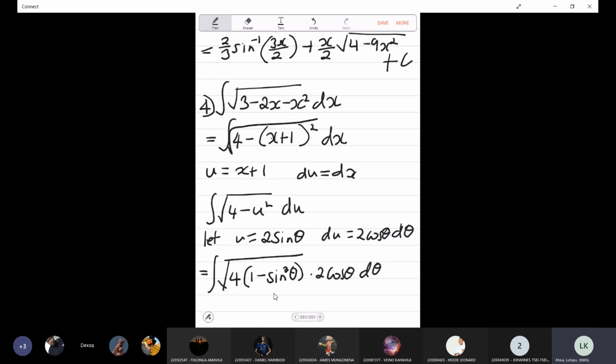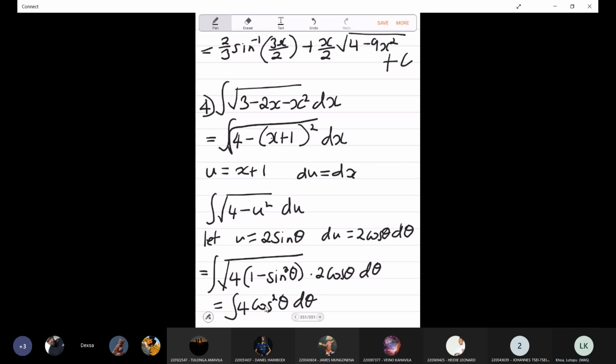As always, we'll have the square root of 4 times that one, so it's 4, and then this is cos squared theta. The square root of that is cos theta. So what I'm actually integrating is 4 cos squared theta d theta. And then we can integrate.